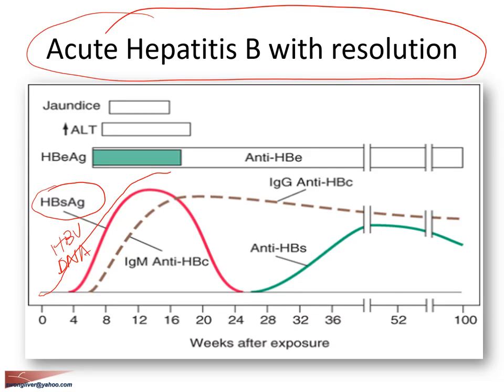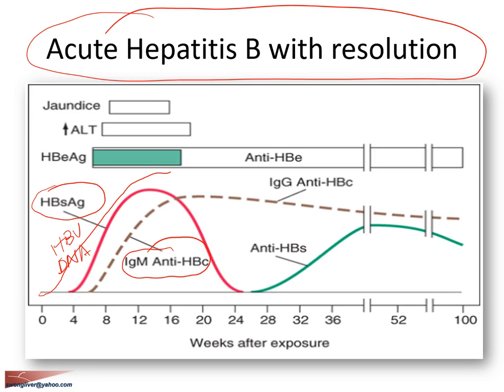But of course we don't screen with HBV DNA because it's very expensive. The results don't come out very fast. So we check for acute infection with HBS AG. So your HBS antigen will be the first one that will be positive, and then as I've said, your IgM anti-HBC will now be positive because your immune system will now start to produce antibodies against the virus.